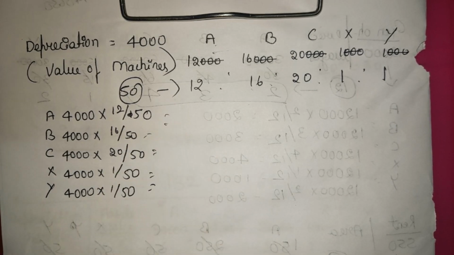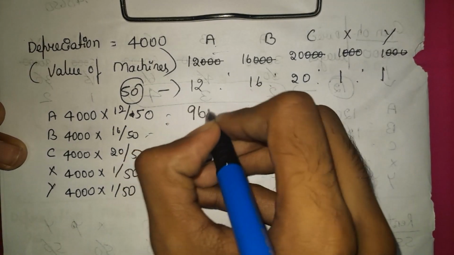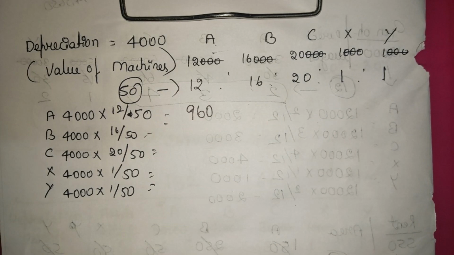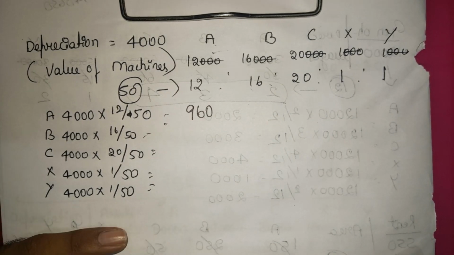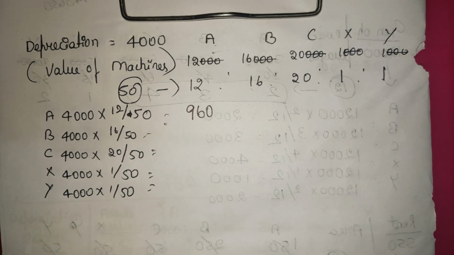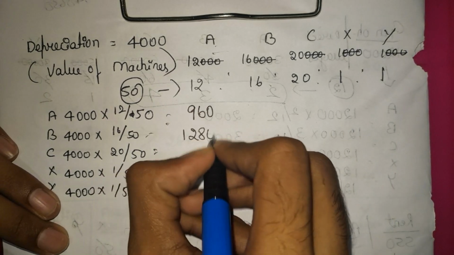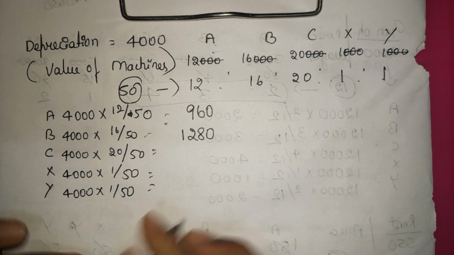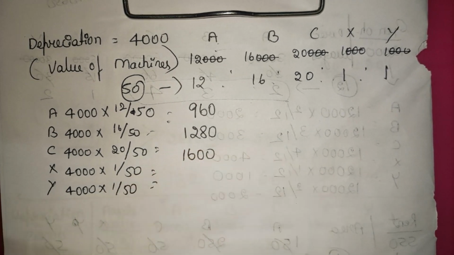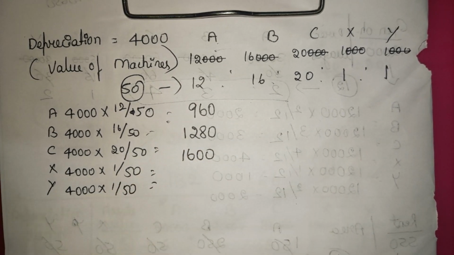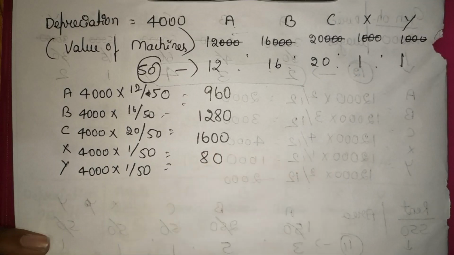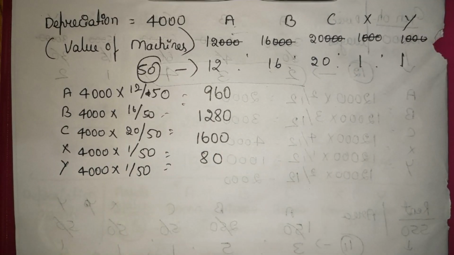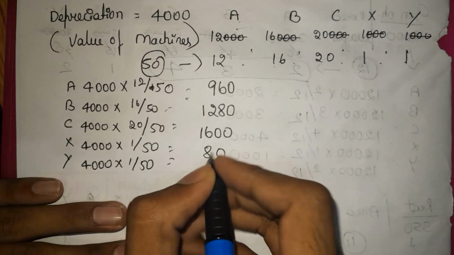So 4000 into 12 divided by 50 will be 960 rupees. Next, 4000 into 16 divided by 50 will be 1280. Next, 4000 into 20 divided by 50 will be 1600. 4000 into 1 divided by 50 will be 80. Next, 4000 into 1 divided by 50 will be 80.